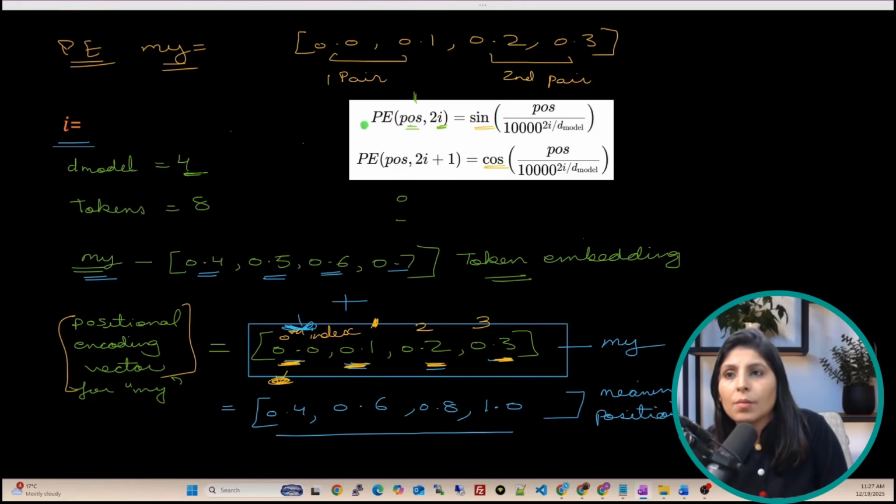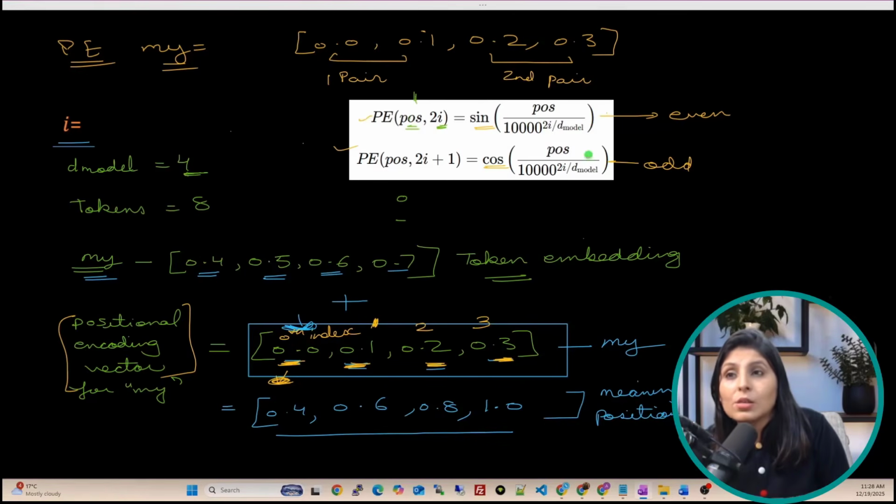Why work in pair? Because we have two formulas over here. One index will use this formula, the second index will use that formula. The first index will use the sine formula, and the second index will use the cos formula. That means the even indexes will use the sine formula and the odd indexes will use the cos formula.